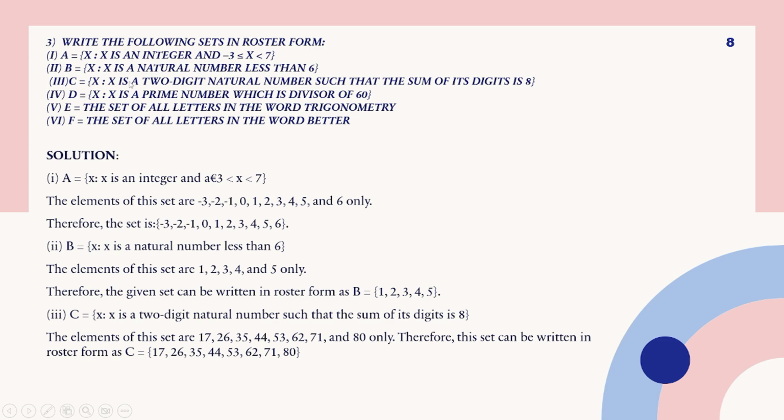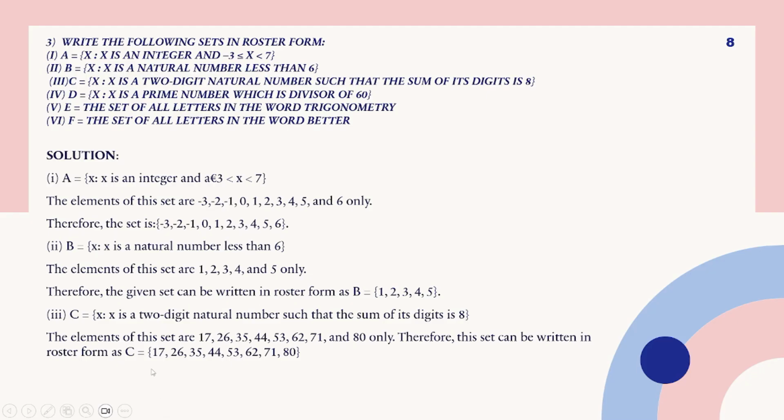Let's discuss the third question. C is {x : x is a two-digit natural number such that the sum of digits is 8}. Now we have to find the natural numbers whose digits sum to 8.